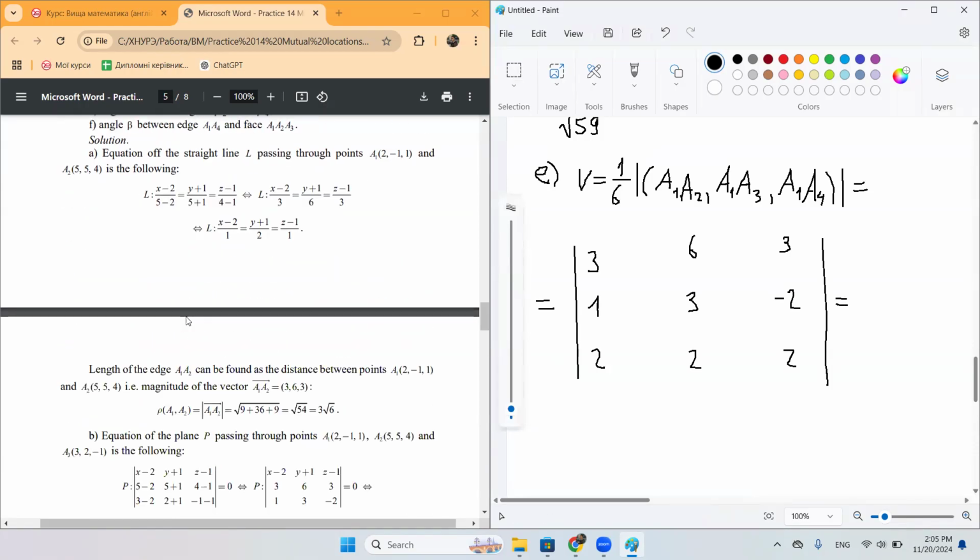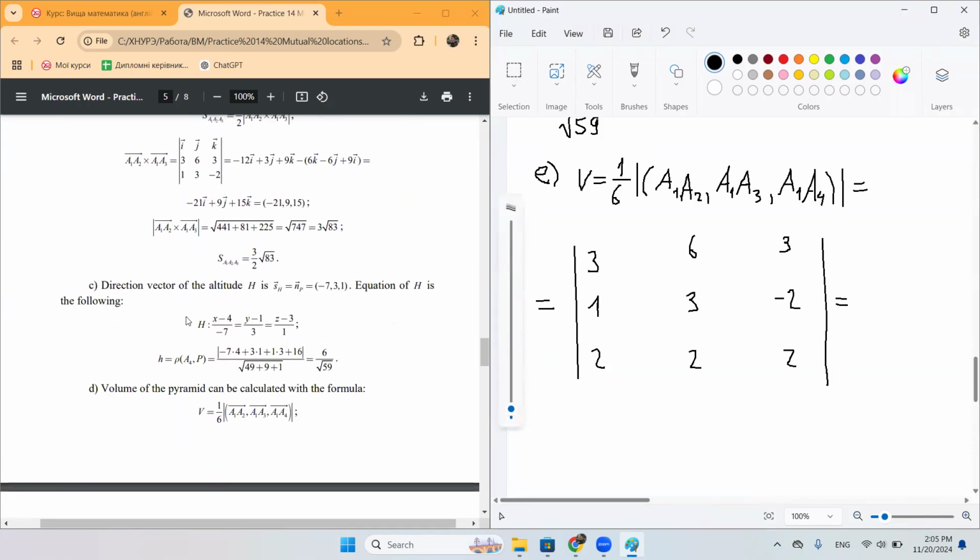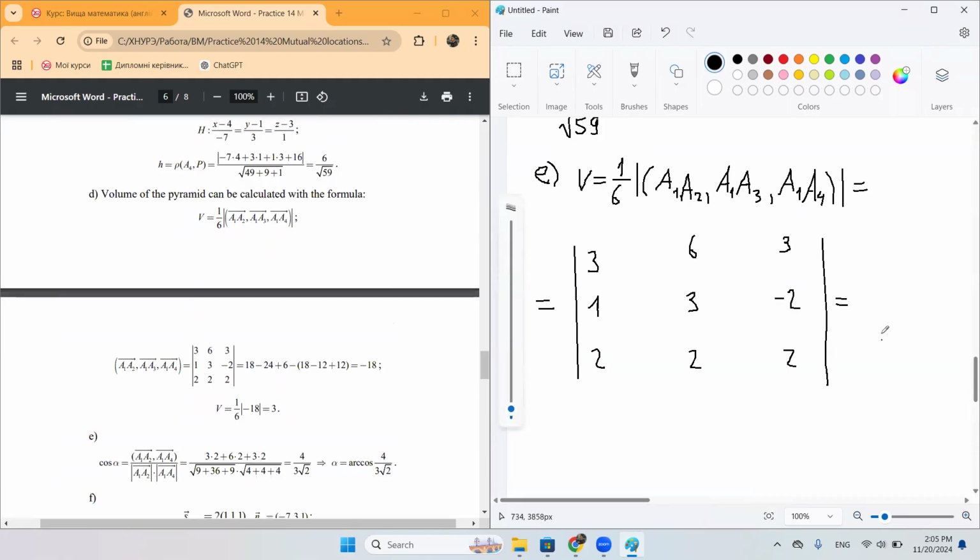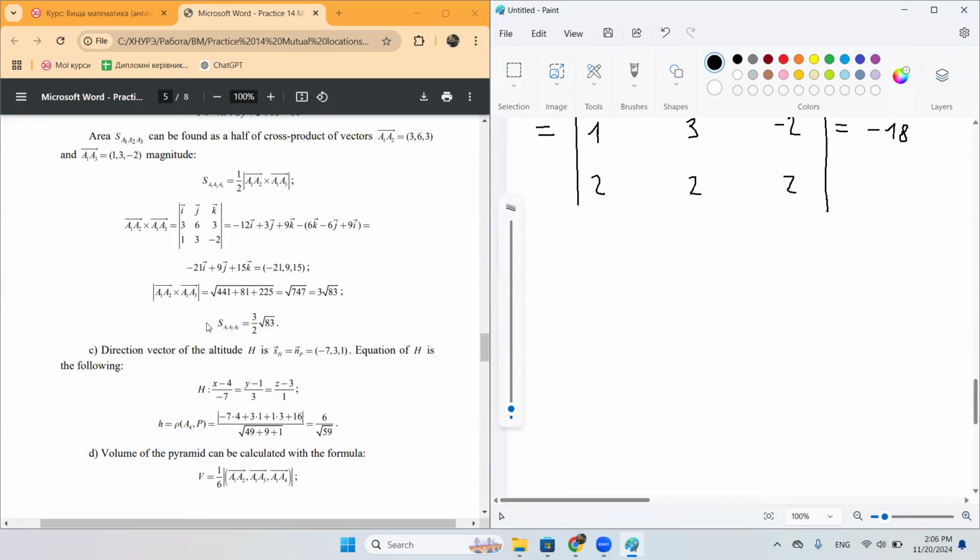And again, we will skip calculating the determinant, so minus 18. So finally, the volume is 1/6 by the magnitude of 18, and it equals 3. So this is the volume of the pyramid.